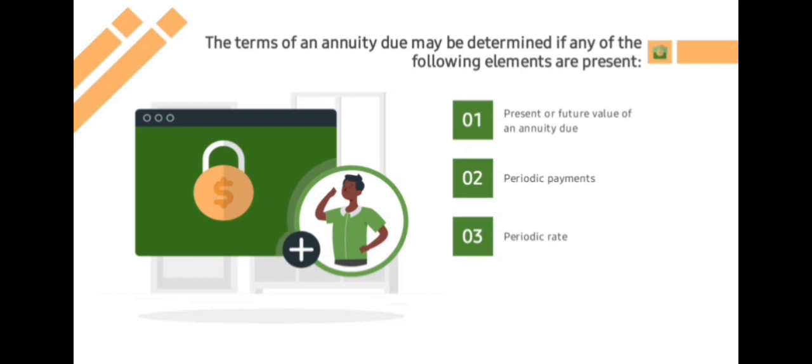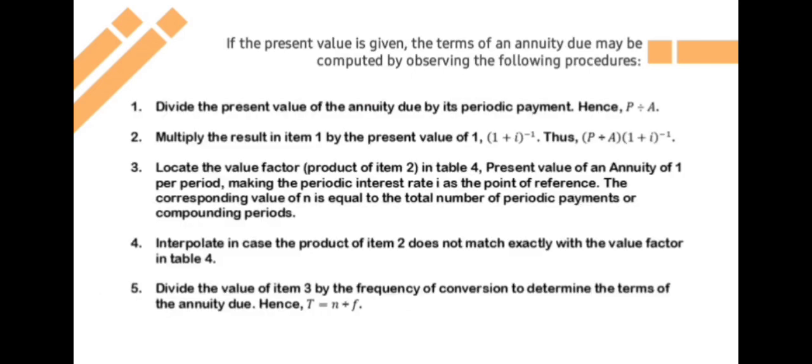First is, if the present value is given, we have this procedure to observe. First, divide the present value of the annuity due by its periodic payments. Hence, P, the present value of the annuity due, divided by A, the periodic payment. Next, multiply the result in item 1 by the present value of 1.